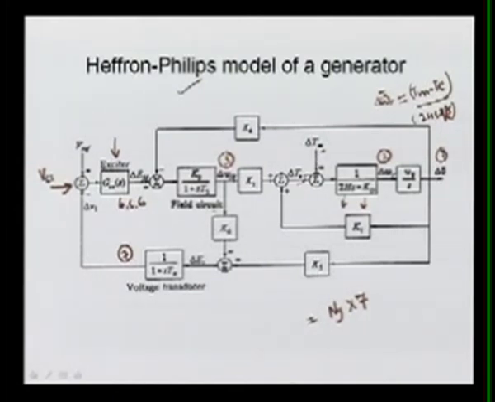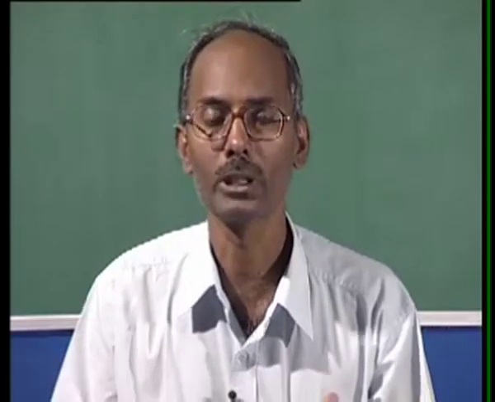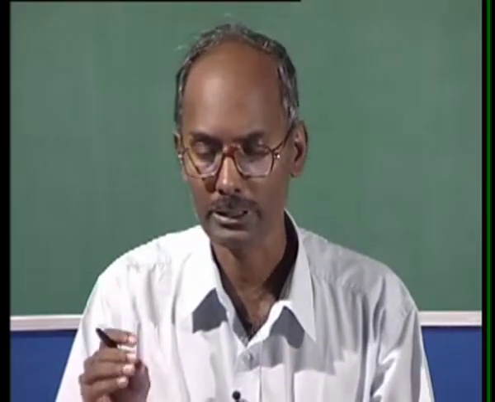Here you can see the change terms are written, means we have written here change in omega, change in delta, change in Tm, change in Te, because we have written this equation in the linearized form. So it is linearized as per its operating point.